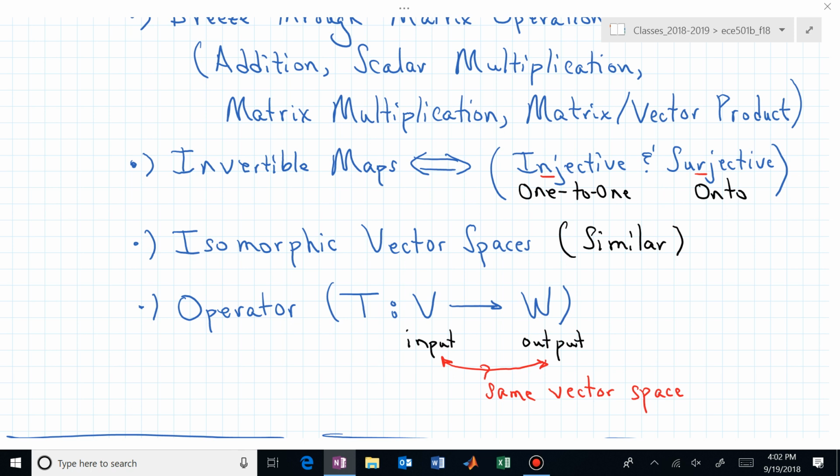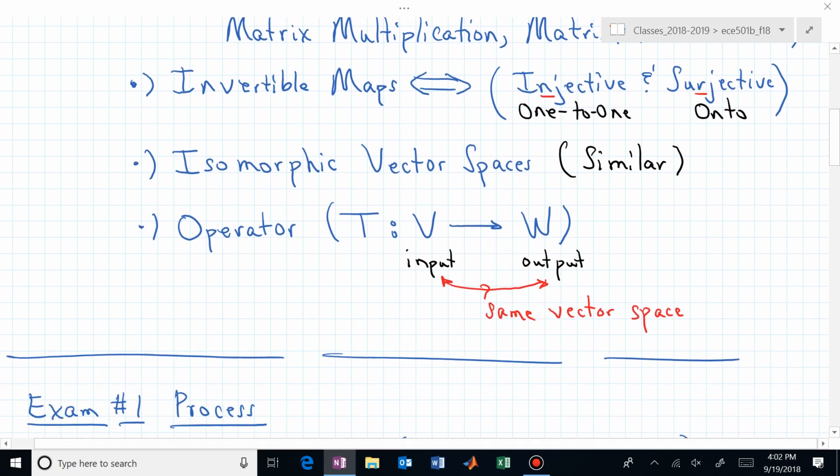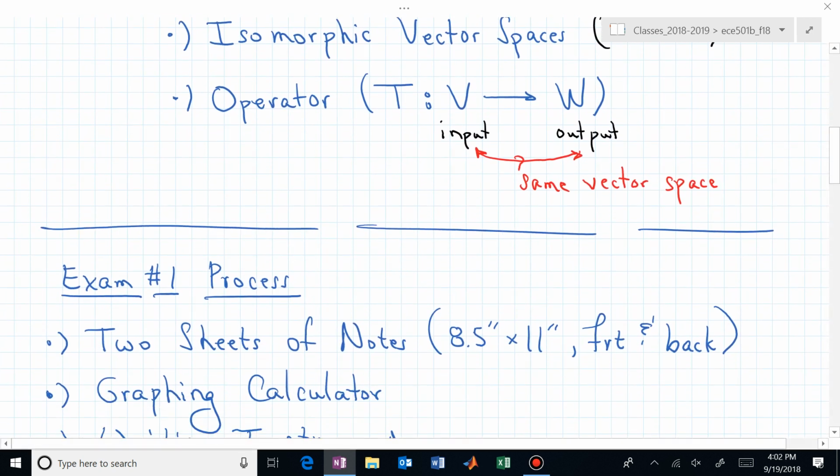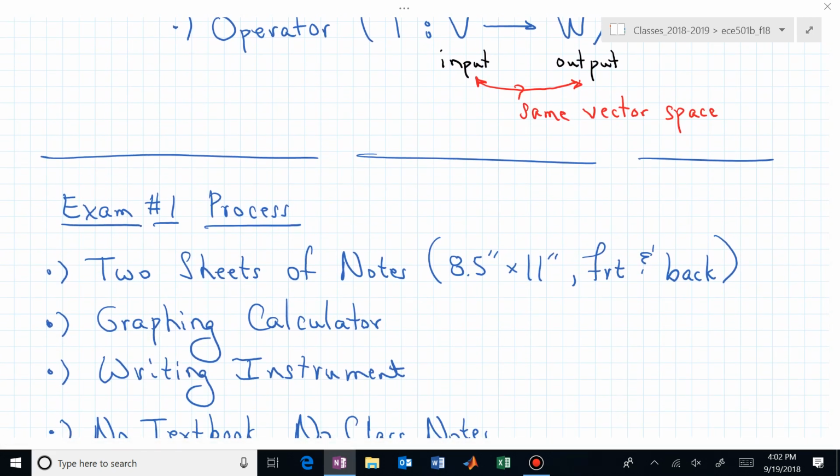We'll talk about what it means to have an isomorphic vector space, which means that they are similar. And if we have our input vector space the same as our output vector space, we then call this linear map an operator. And most of the remaining part of the semester we will be working with operators.